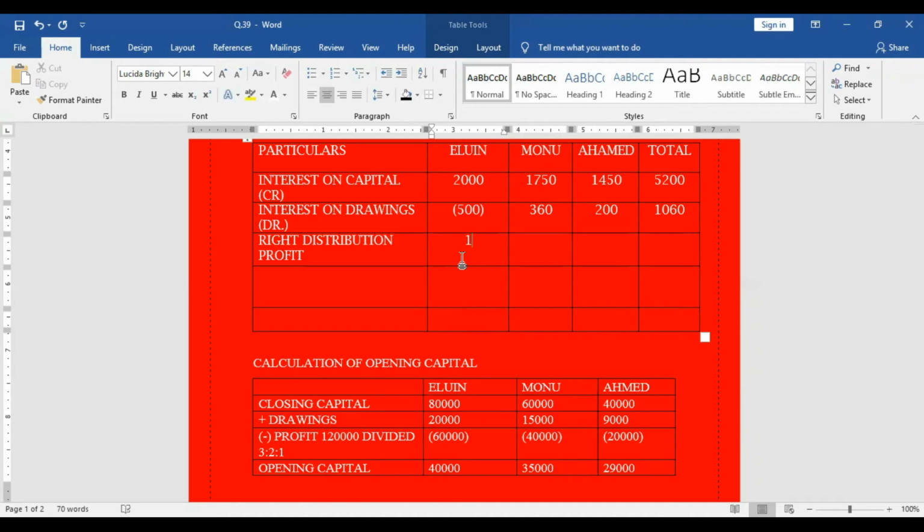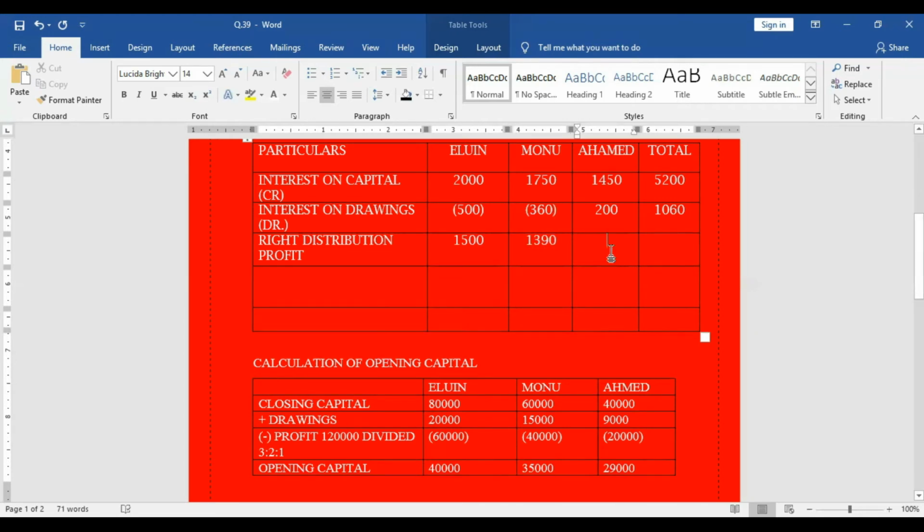For Monu, it is 1,750 minus 360, so the right distribution amount will be 1,390.